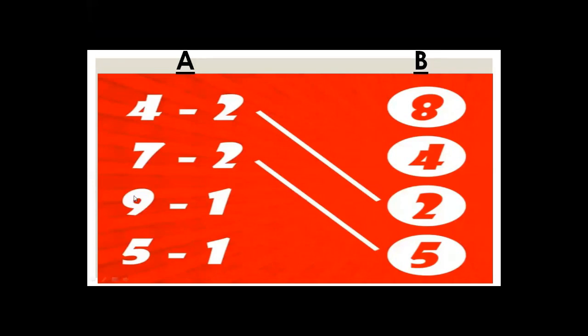Okay, the next one is 9 minus 1. So we take 9, draw 9 lines and cut 1. So how many lines remain? How many are left? So we match with 8. And now you count with your fingers.